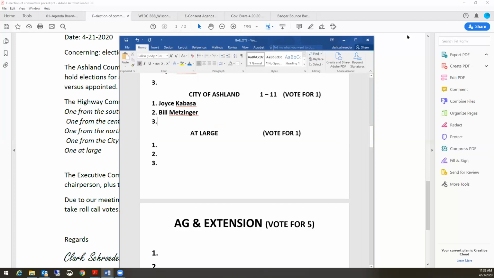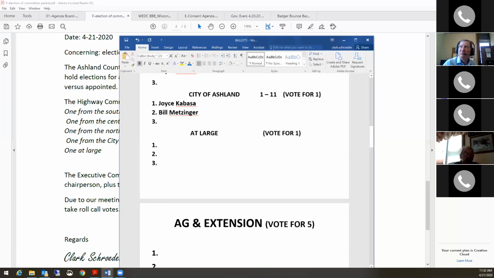Kenzie, Metzinger. Quebec, Cabasa. Metzinger, Metzinger. Campbell, Metzinger. Kabasa, Kabasa.